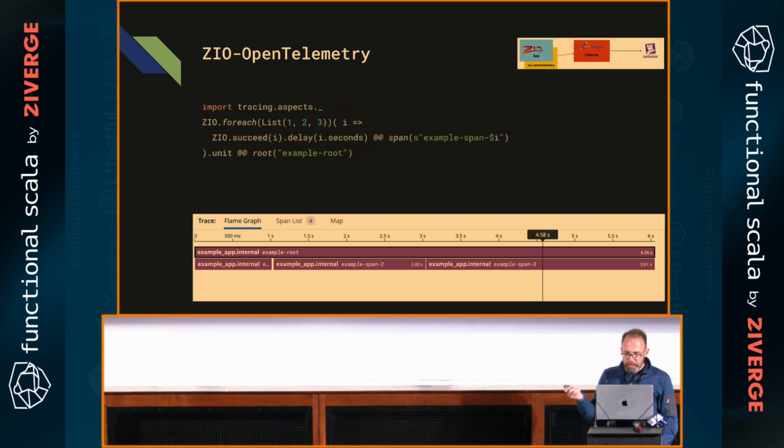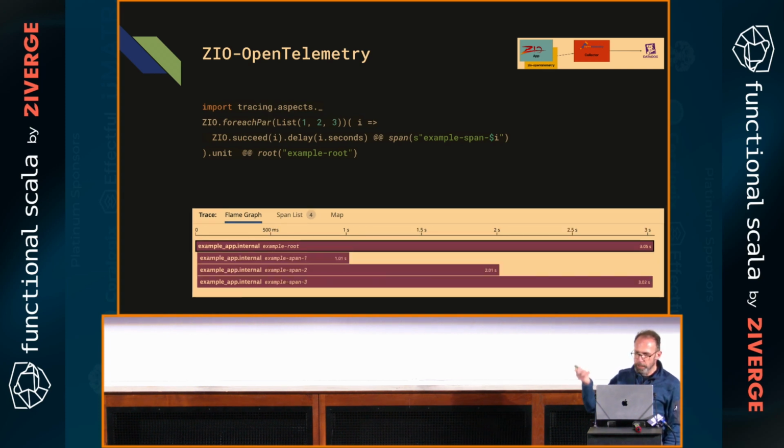This is the same code, just using ZIO aspects. So it's equivalent code, essentially, just a different style. If I replace that foreach with a foreachPar, I see that the spans are occurring in parallel. So this gives you visually a lot of information that maybe just looking at the logs you wouldn't catch immediately.